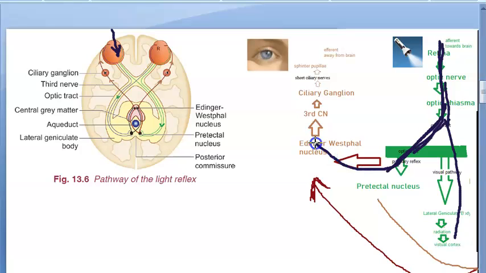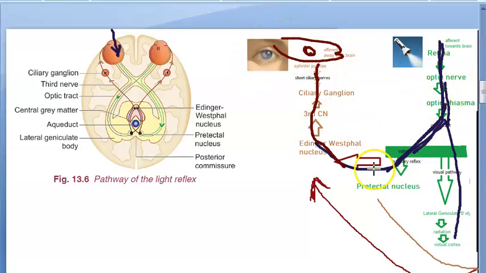From here it goes to Edinger-Westphal nucleus. Now it is coming back. Edinger-Westphal nucleus. From there the information comes back saying that please constrict pupil. Light has fallen. So Edinger-Westphal nucleus, third cranial nerve, ciliary ganglion, short ciliary nerve, sphincter pupillae. And it got the information, please constrict the pupil.